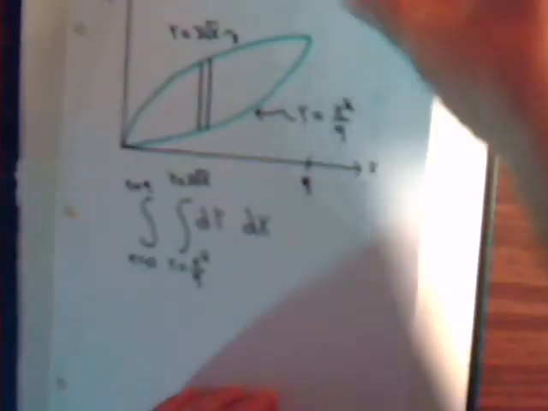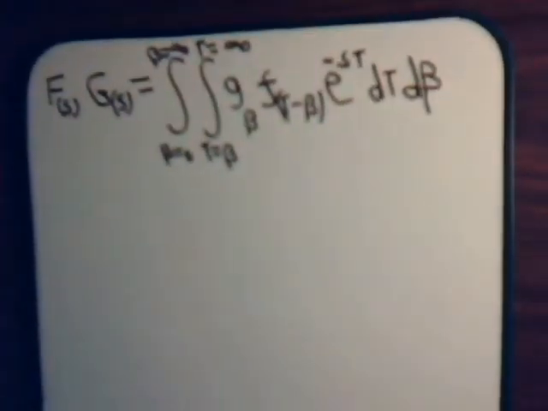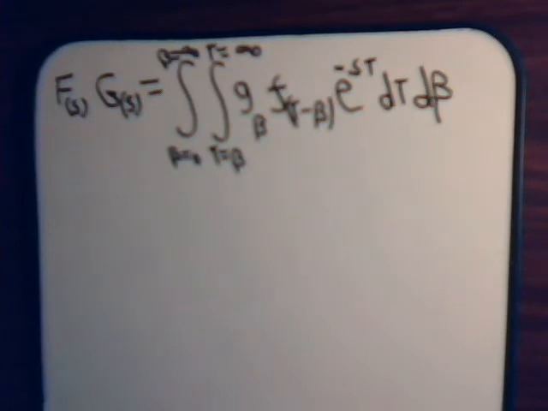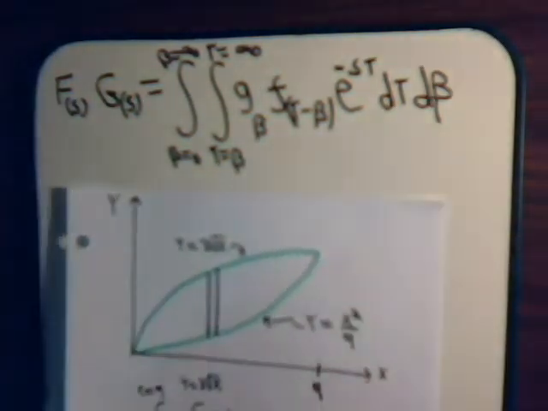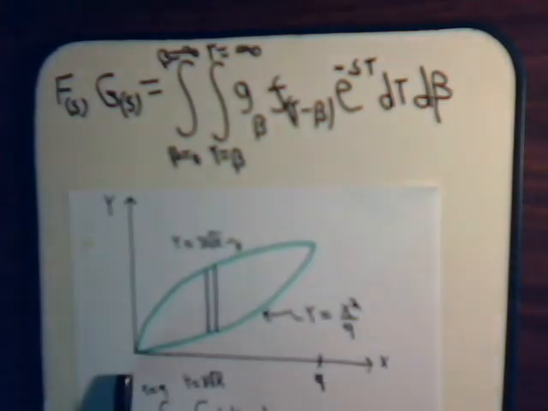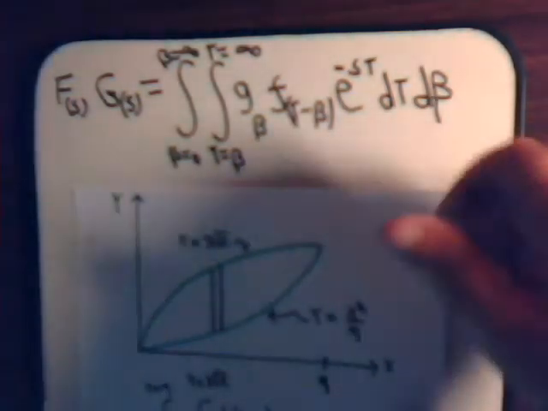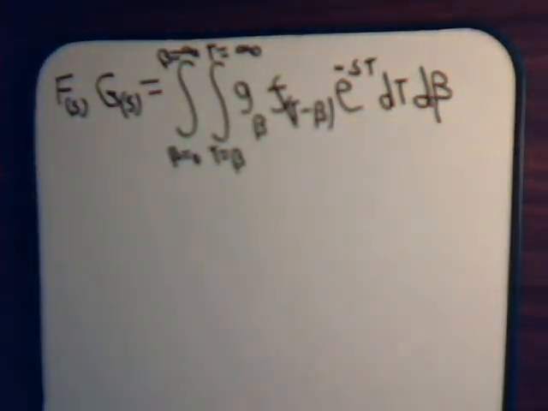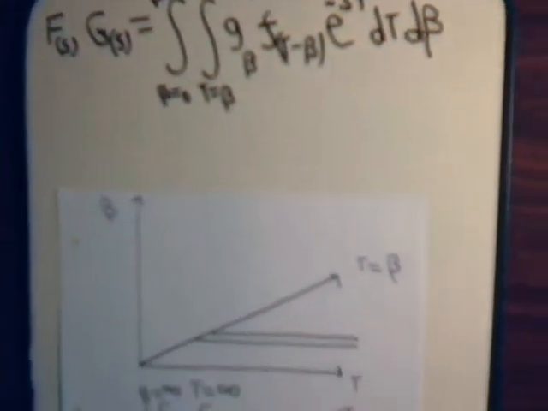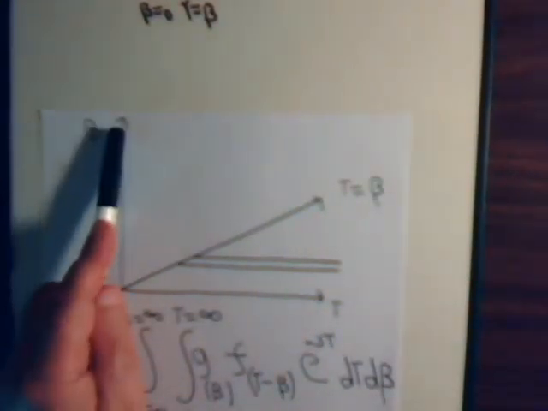Now, for our problem here, we have a slightly different situation, but it's very much analogous with this expression here. Notice that back here in our curve, we had an x-axis and a y-axis for the plane. Here, we have a t-axis and a beta-axis.